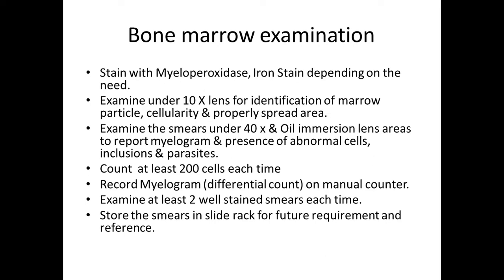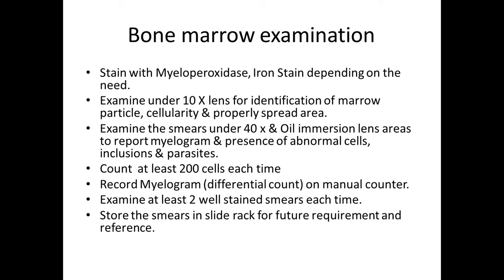So under 10x, we identify the marrow particle, screen the whole smear for cellularity. We also note down a better area for further examination in which cells are properly spread.